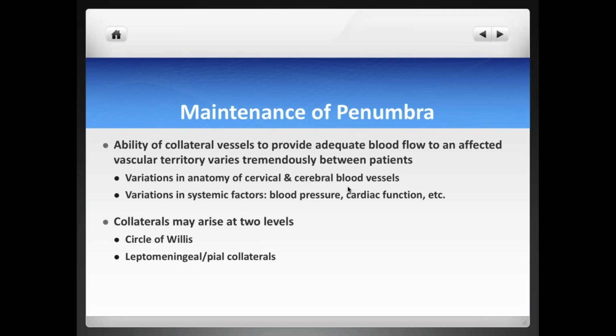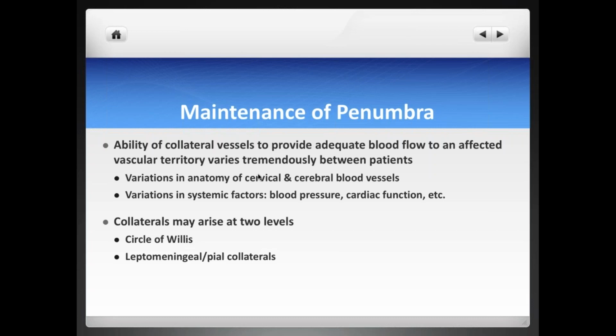How is that penumbra maintained is a very important question, and has been a subject of research as well. But basically, it has to do with the ability of the collateral vessels to provide adequate blood flow to that affected vascular territory. And the bottom line is that it varies very much between people.